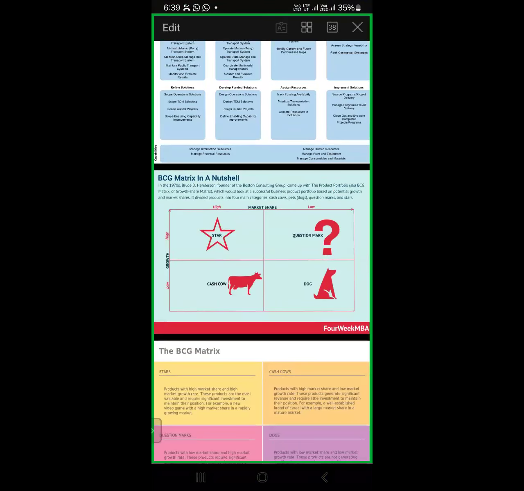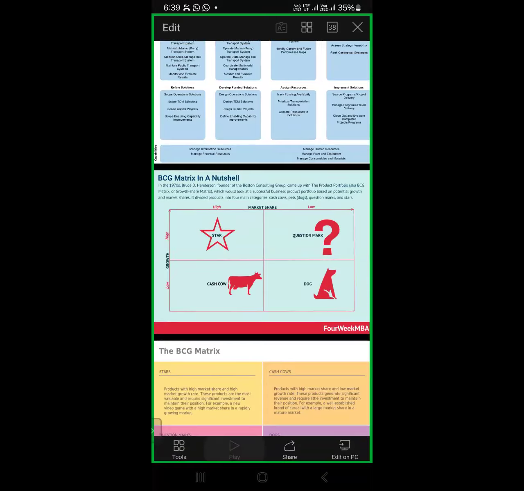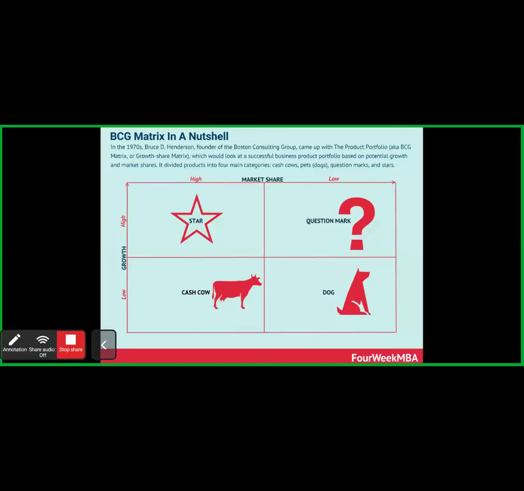So we were discussing the BCG matrix, which products can be categorized under star, cash cow, then question marks, and then dog. Under dog, we have seen that the product has low market share, and the growth of that particular product is also low.